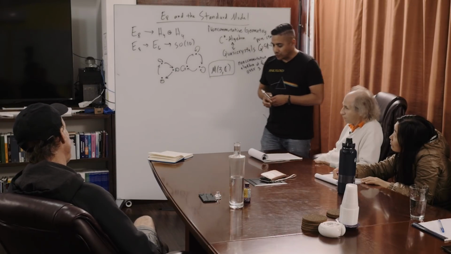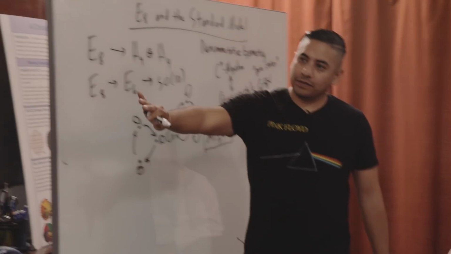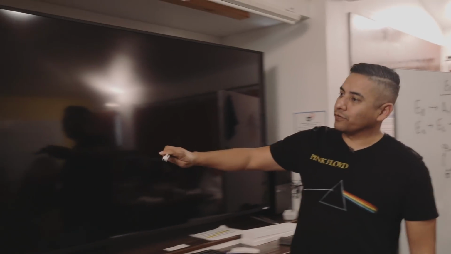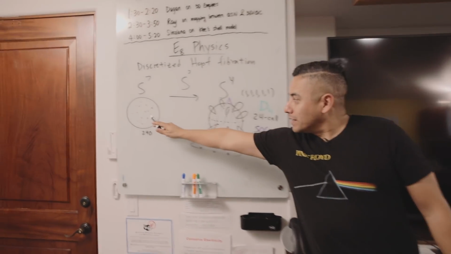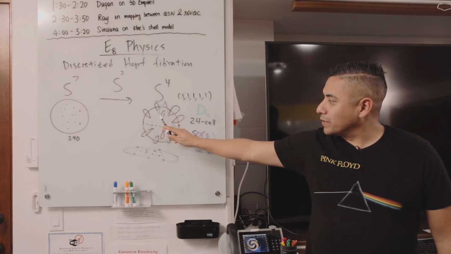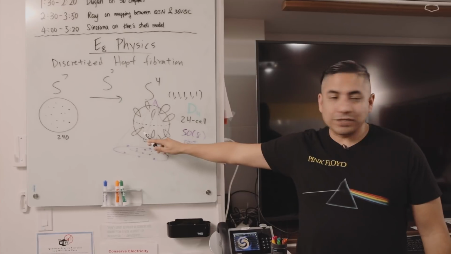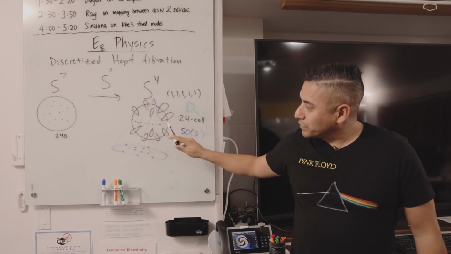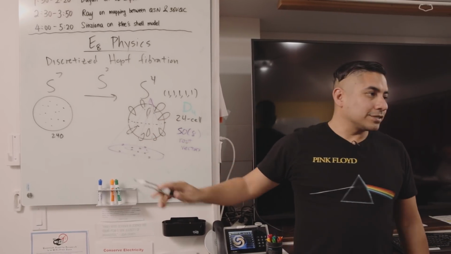Mm-hmm. So within the mapping here for the Hopf fibration, it's taken us from a Gosset polytope to this arrangement, this grouping of 24 cells, from which we acquire 2 600 cells.